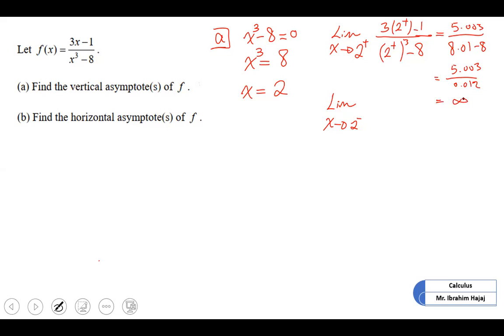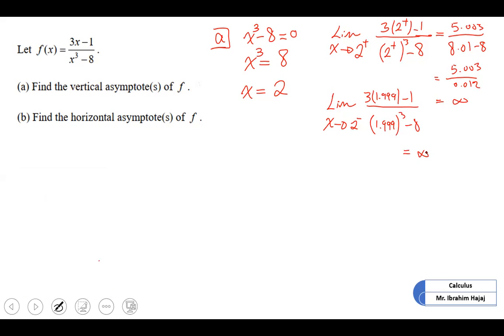And when you do the same thing, guys, for 2 from the left side, like 1.999: 3 times 1.999 minus 1, all over 1.999 to the power of 3 minus 8. The answer also will be positive infinity.